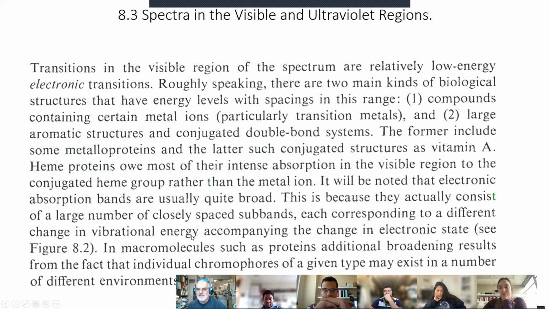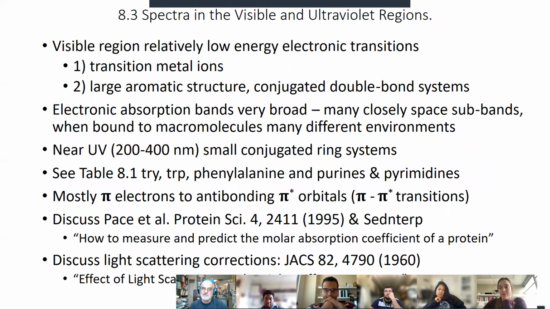And so you don't get sharp bands like you do with oxygen or like you do with N2 or diatomic molecules, okay? So this broadening reflects the different electronic configurations. It also reflects different environments, meaning different binding sites or dynamics or conformational changes in the protein binding sites. Okay.